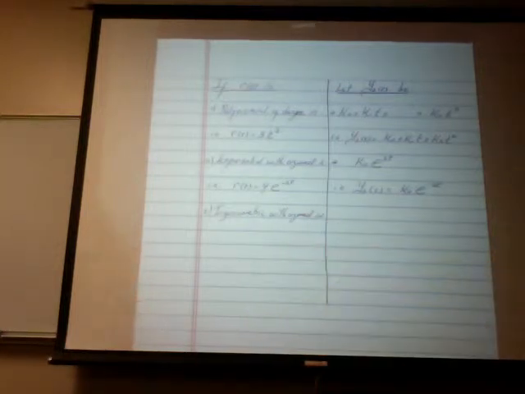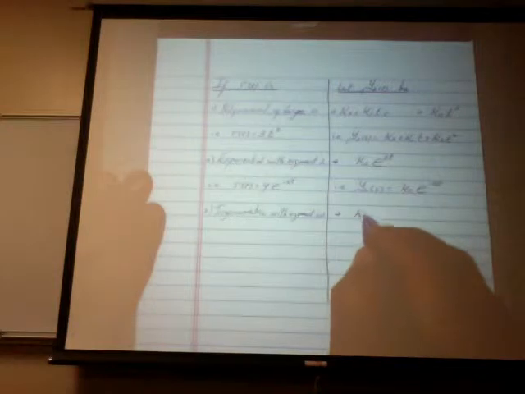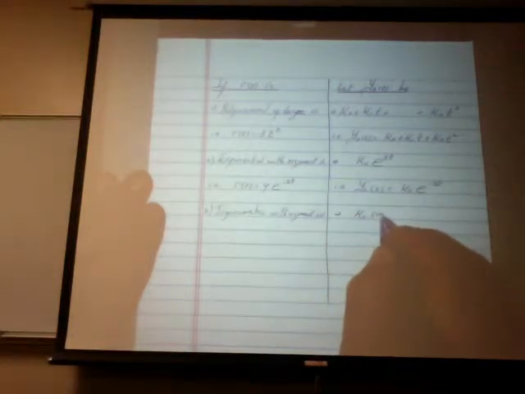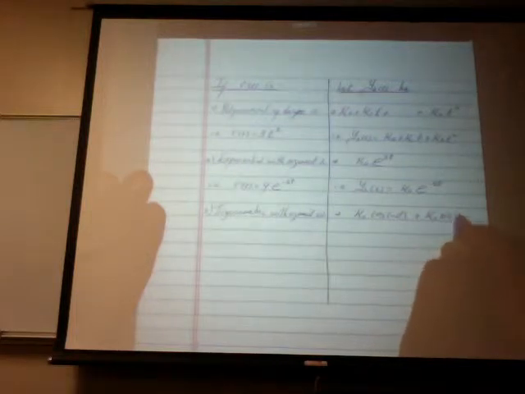All right. Third, if the forcing function is a trigonometric function with argument omega, so let's say that we have sine and cosine, then you're going to let ys be k0 times the cosine of omega t plus k1 times the sine of omega t.